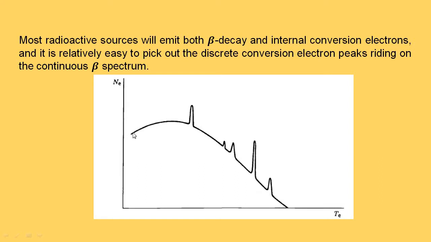Your beta decay electrons have a continuous energy, and it is relatively easy to pick out the discrete conversion electron peaks riding on the continuous beta spectrum. So this peak denotes your internal conversion.